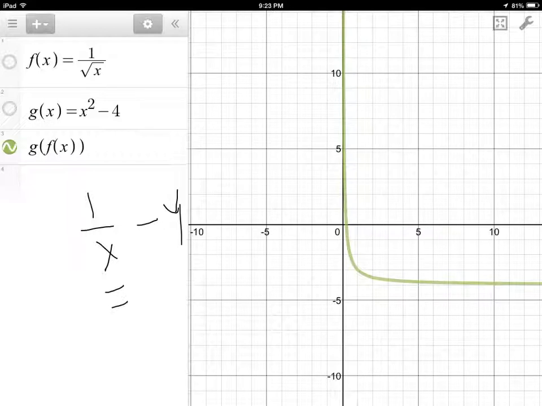But as you can see here, when I graphed the composite, it held to that old domain issue of x has to be greater than 0, and that's what we're seeing. So you got to be aware of what's happening in the parent functions when you're looking at the domains of the composites. So I hope that helped you solve these problems.